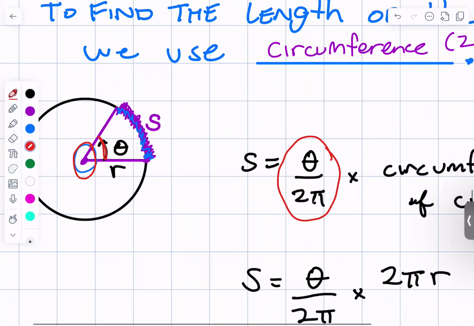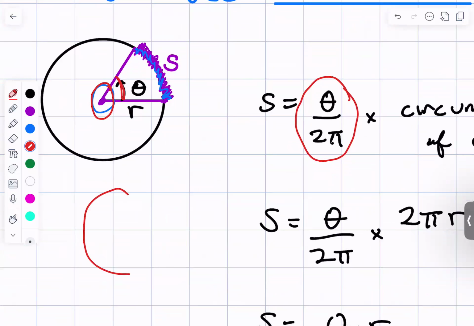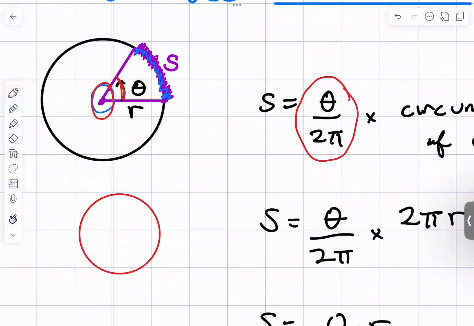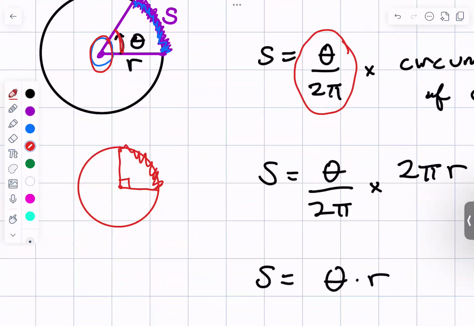To get a better sense of it, I'm going to draw another circle. Okay. What's the ratio here? That's 90 degrees. Yeah. It's a fourth of it, correct? We all know that because it's 90, 90, 90, 90, right? So this is 1/4, correct? Or what I can say in terms of degrees, it would be 90 over 360.